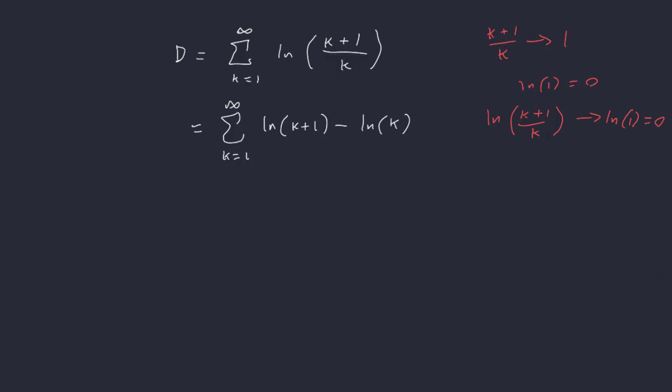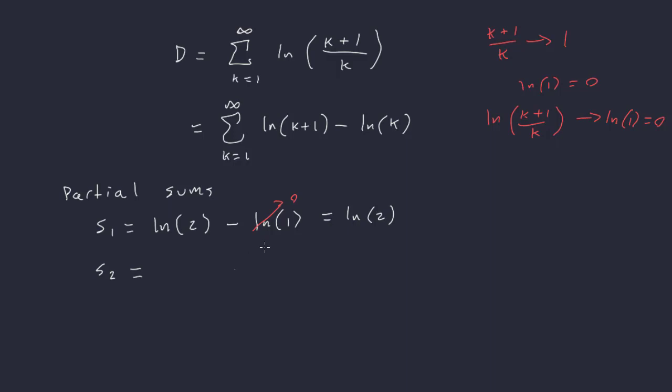And then we can start looking at the partial sums. Okay, so for S1, we'll get the natural log of 2 minus the natural log of 1, so that's actually just 0. Okay, so we just get ln 2.